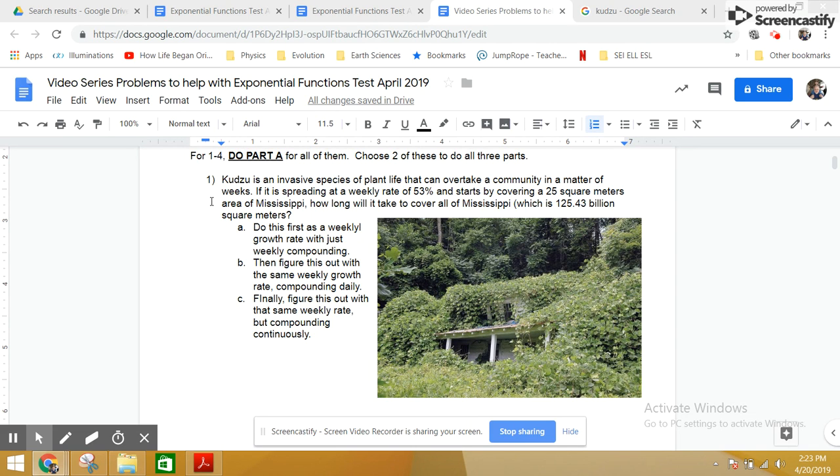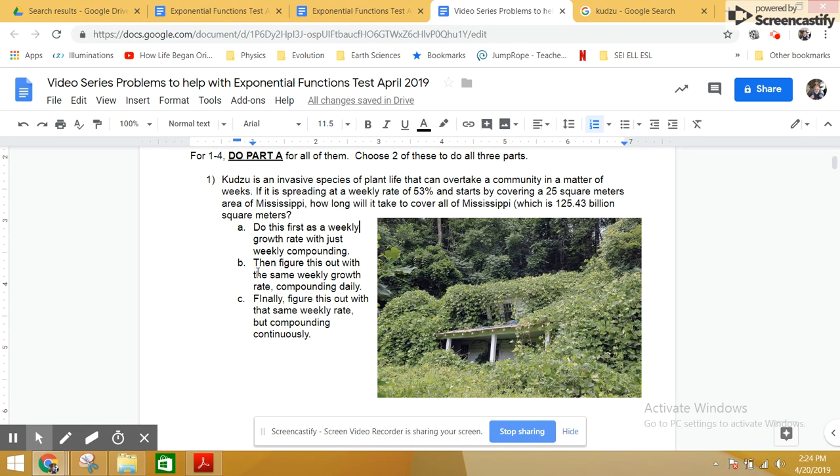How long will it take to cover all of Mississippi, which is about 125,430,000,000 square meters?